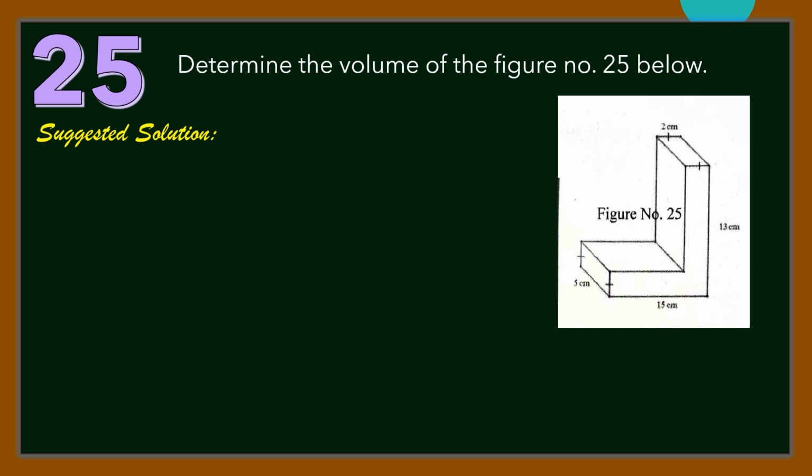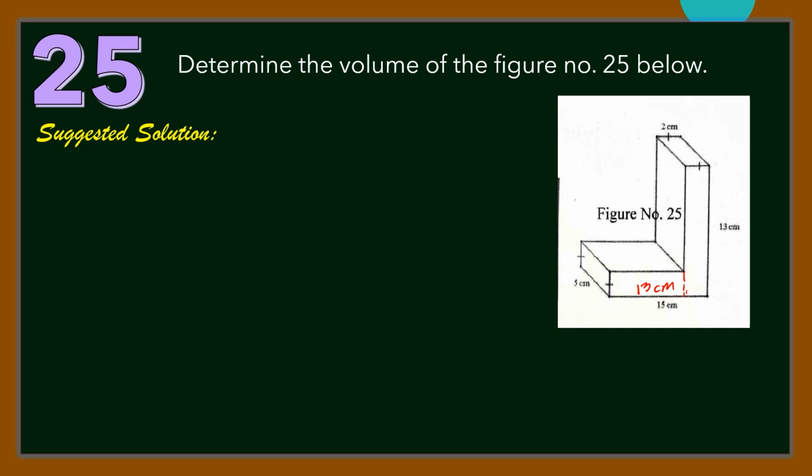Hence, if we cut the figure into two rectangular prisms, then we will have the other rectangular prism with base equal to 13. That's 15 minus 2. Then we have two rectangular prisms with dimensions 5 centimeters, 13 centimeters, and 2 centimeters.